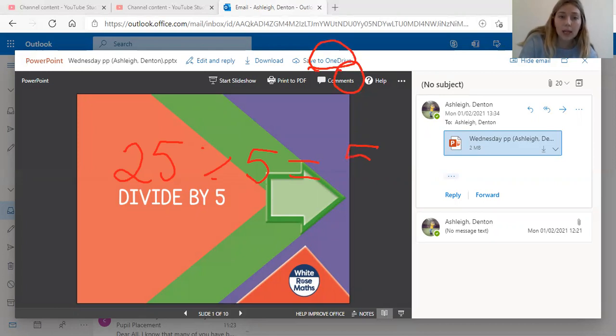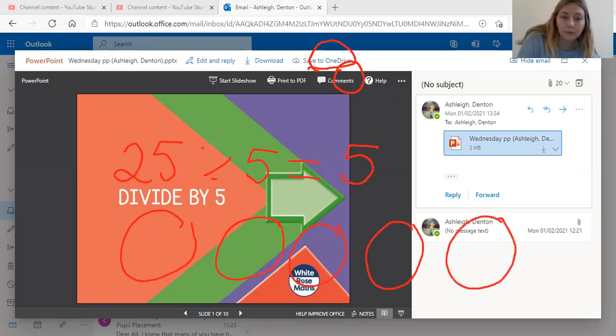So if I drew 1, 2, 3, 4, 5 circles, and I 1, 2, 3, 4, 5, 6, 7, 8, 9, 10, 11, 12, 13, 14, 15, 16, 17, 18, 19, 20, 21, 22, 23, 24, 25.